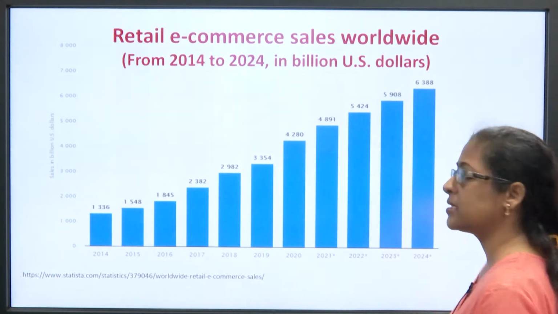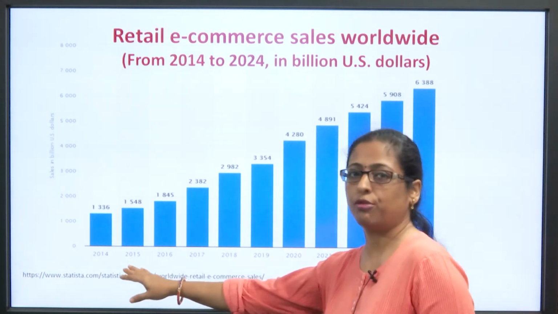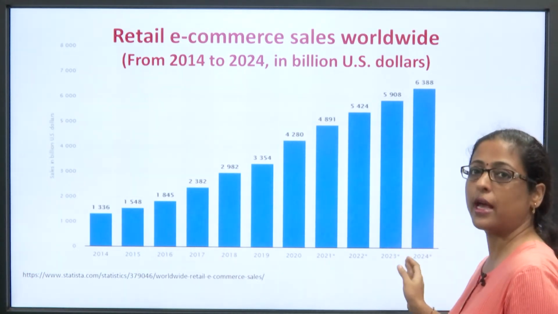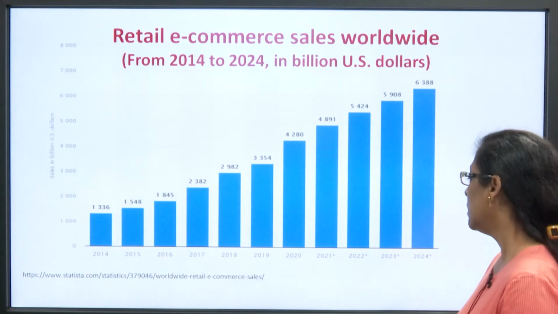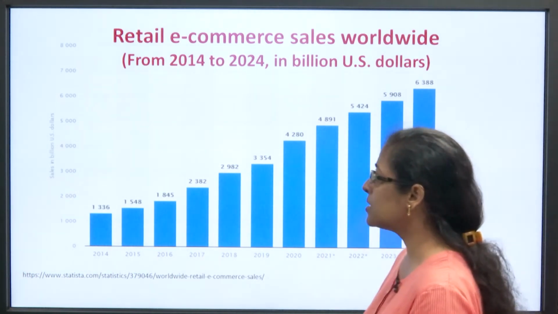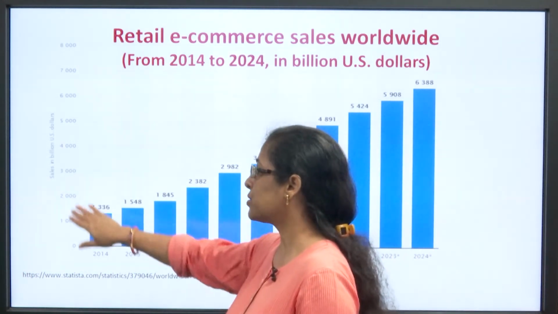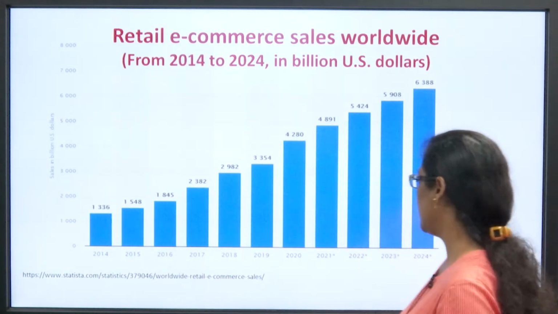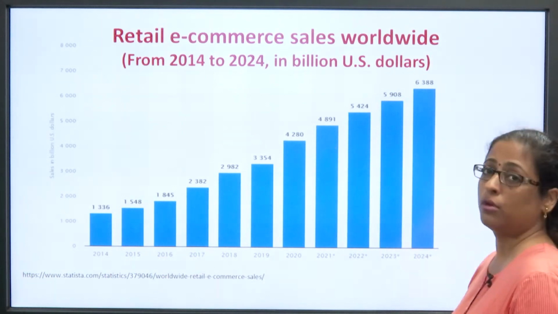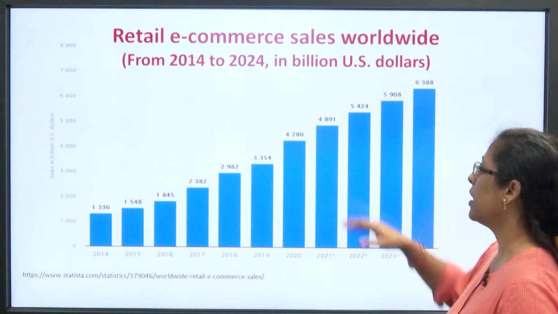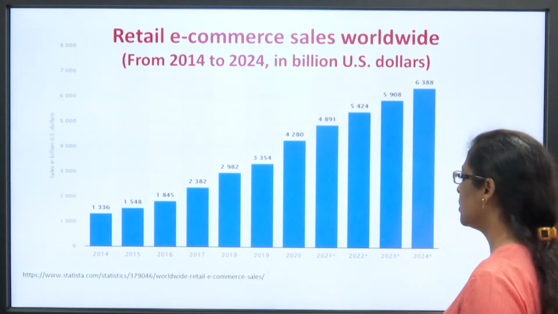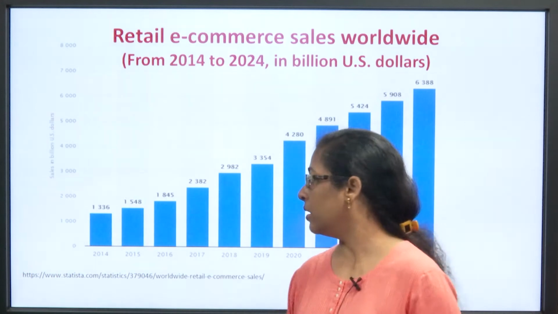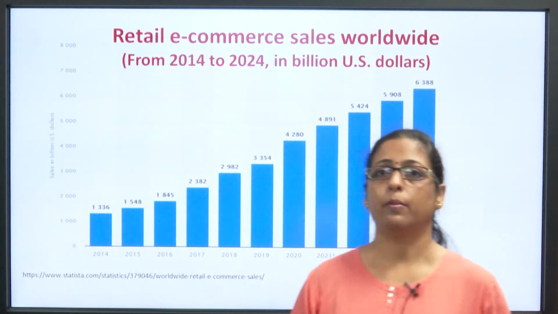This particular statistic is from 2014 to 2021, and also has a forecast till 2024, and you can see the sales in billion US dollars in 2014 were 1336, while in 2021 they reached almost 3 times that, 4891, and are expected to grow further up to 6388 billion US dollars by 2024.